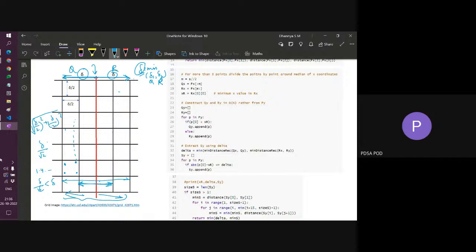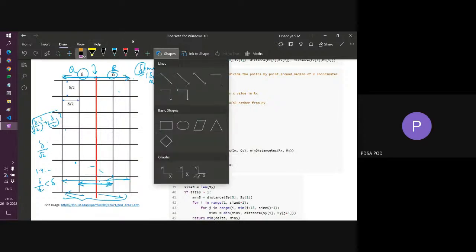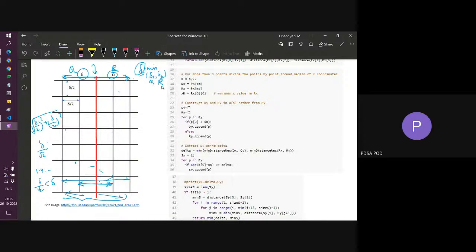Let me explain again. See, suppose you have a point here. By the time it reaches here, it has already covered delta by 2.